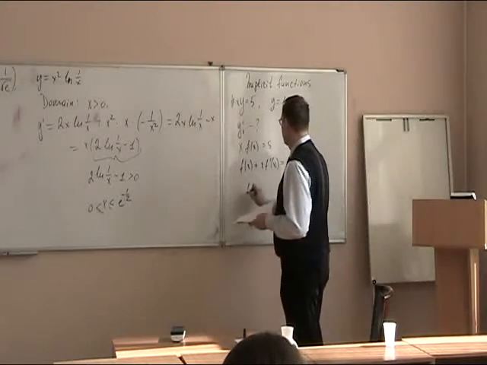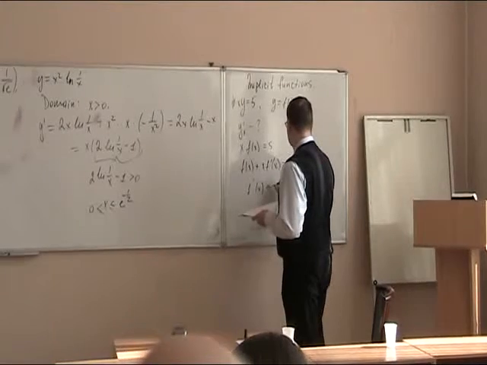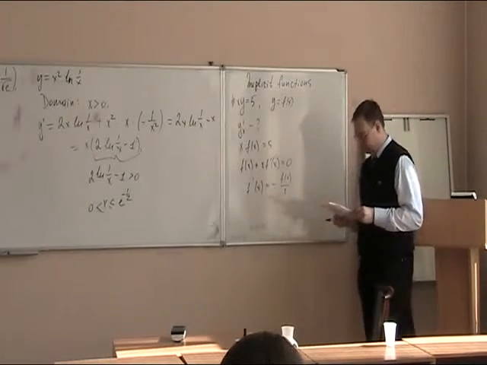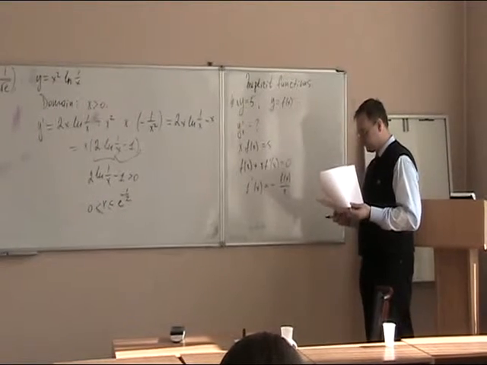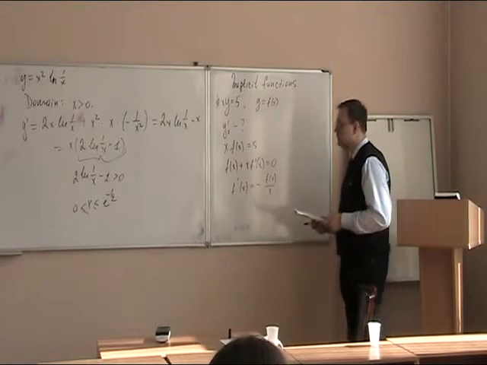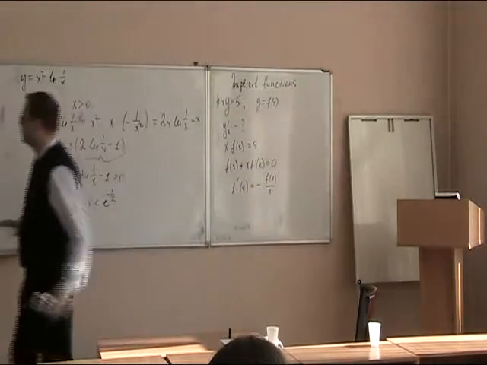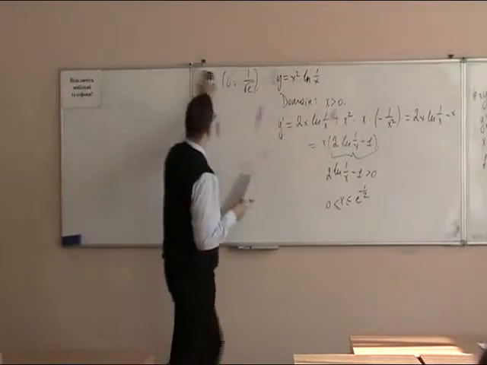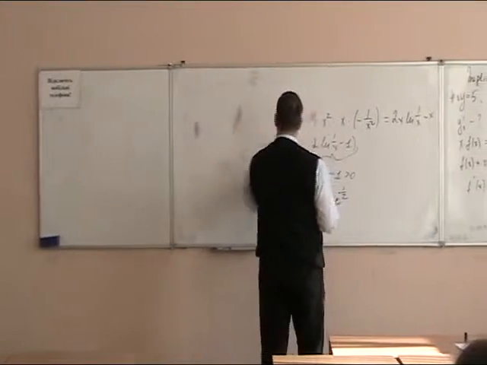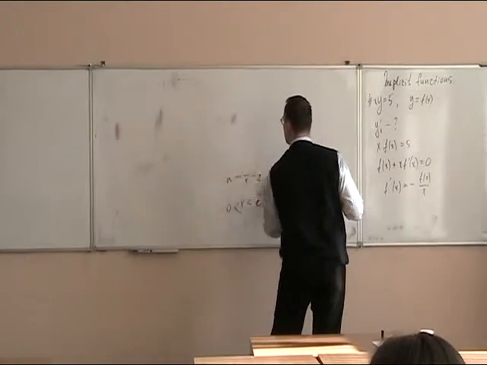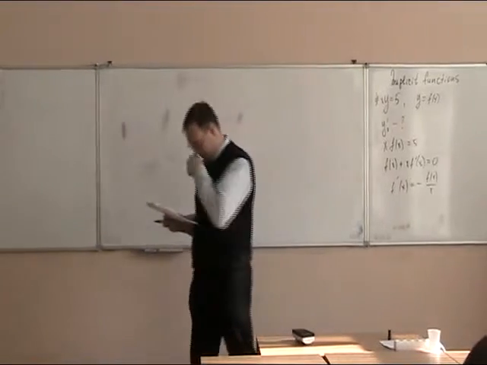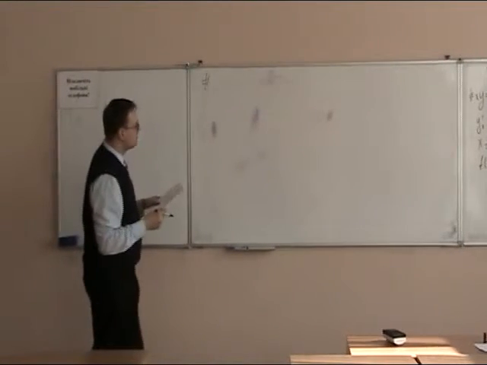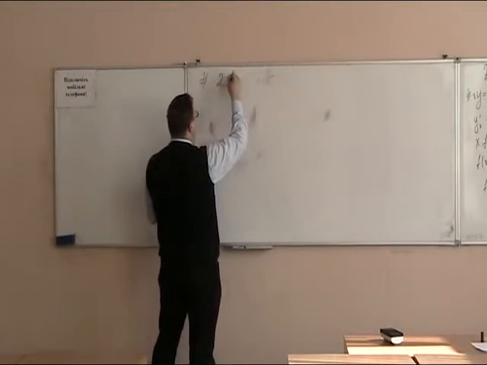And based on this, we get f prime of x is negative f of x over x.